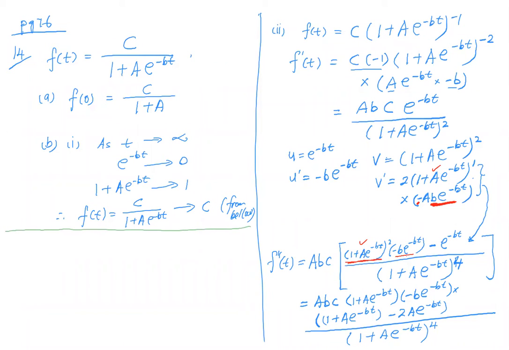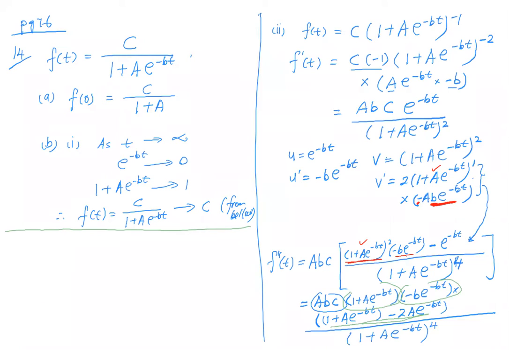Okay, so we know that all this cannot be 0. All this cannot be 0. So the only one will be the inside here.